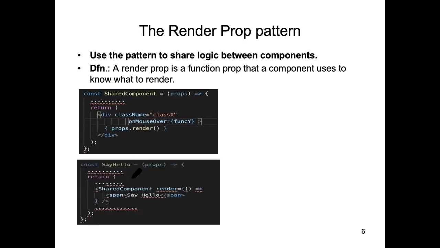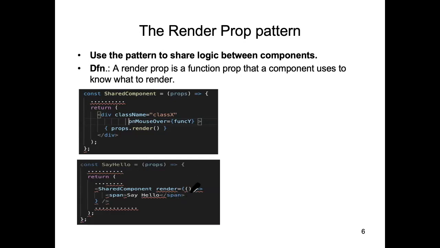Here's an example of it being used, and again, it's a 101 kind of example. So I'm using my shared component, and I'm passing it the render prop explicitly, and it is a function that's being assigned to the render prop. It's an arrow function, it's a one-liner, so I don't need the curly braces or the return statement.